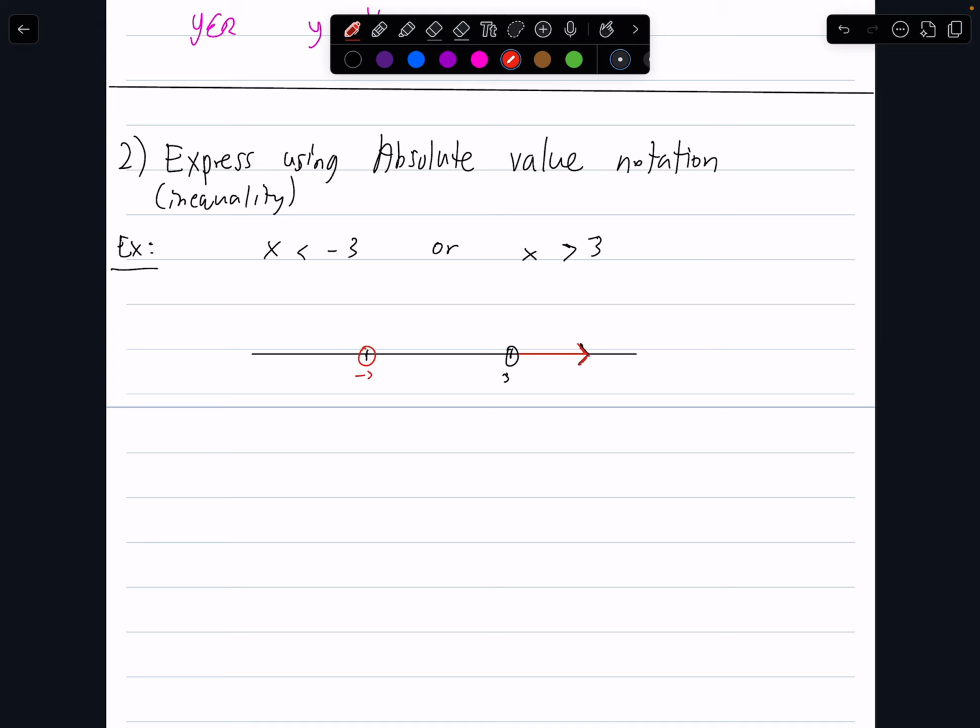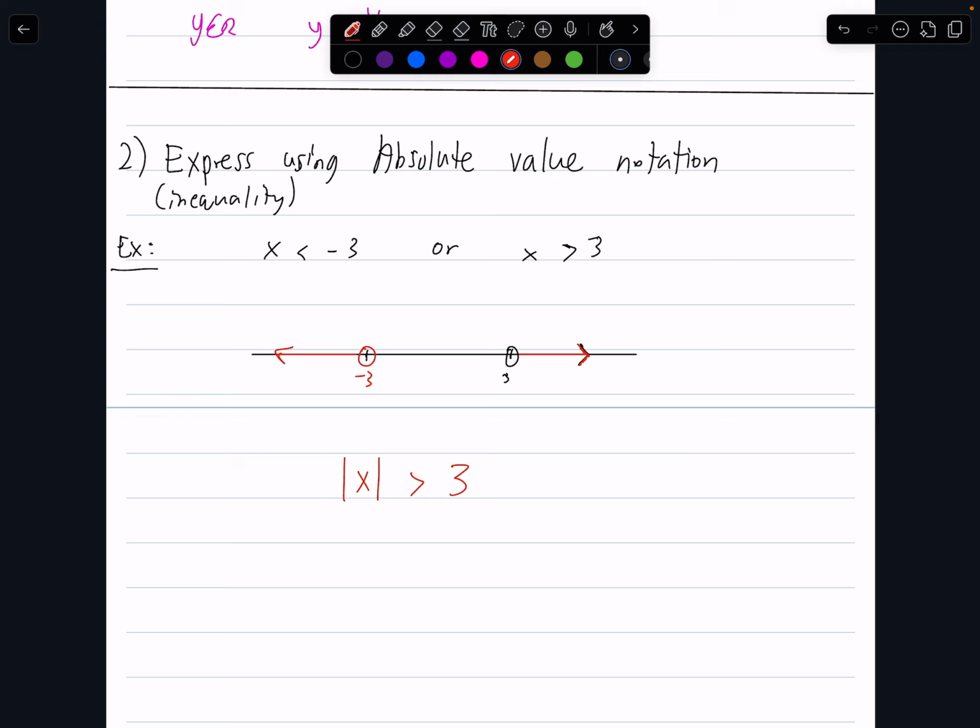And from -3 onwards, it's also going to exist. So this is where it gets a little tricky. You've got to kind of understand how to express this kind of situation in an absolute value inequality. So what you're going to write is the absolute value of x has to be greater than 3.